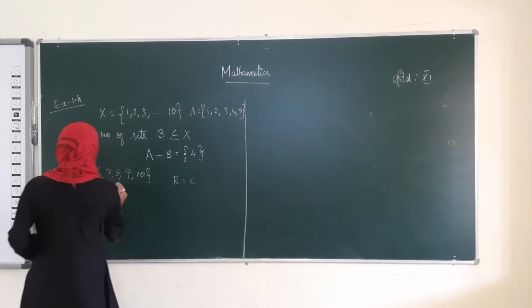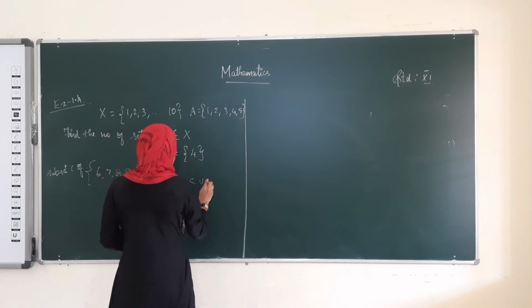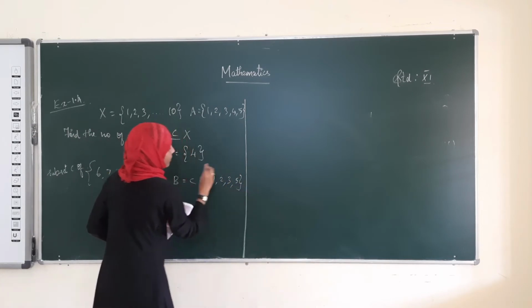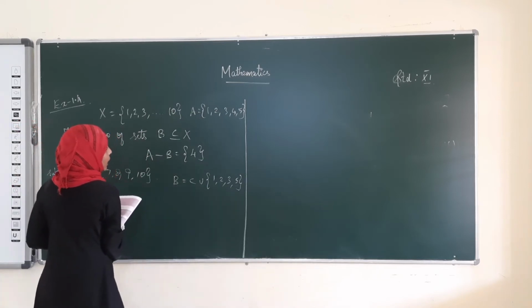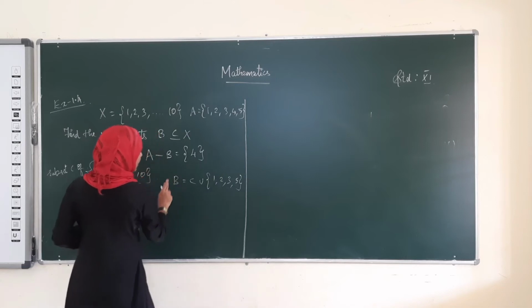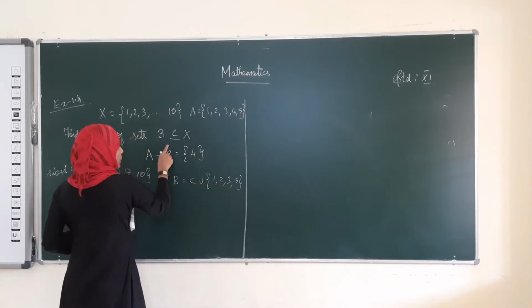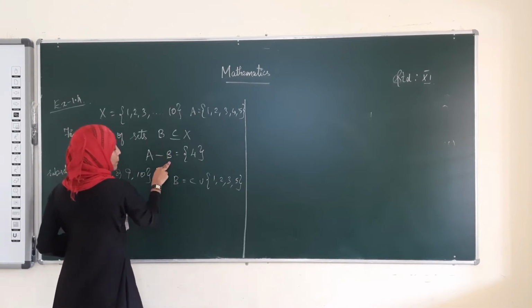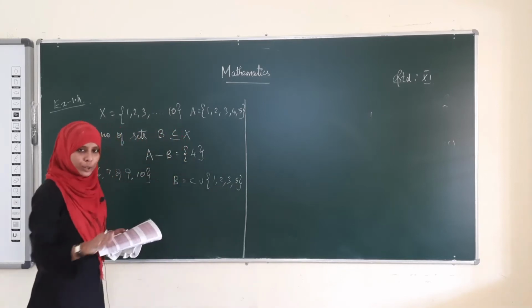From this set C we are going to form B, that is C union 1, 2, 3 and 5. Am I right? No, because when we subtract the set B from A, we should get only 4.